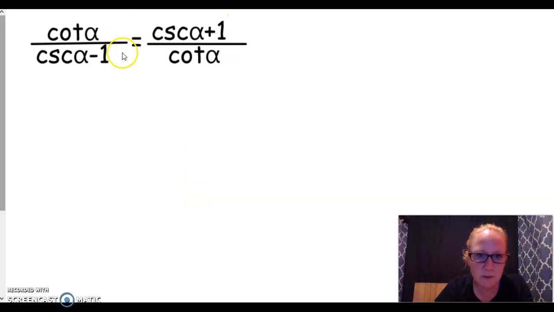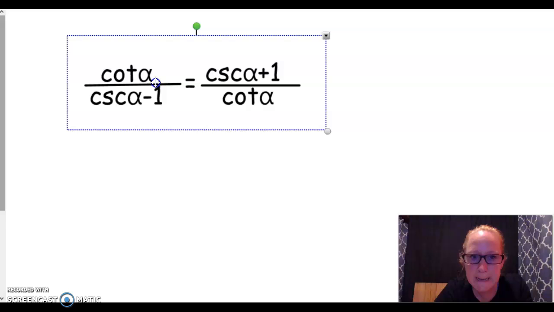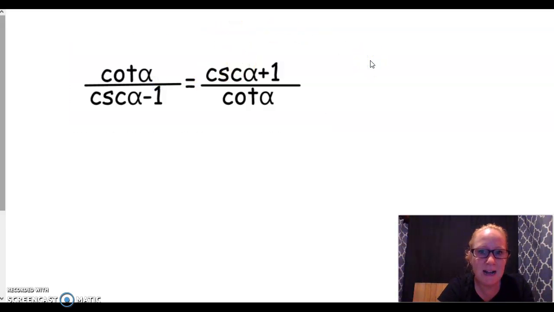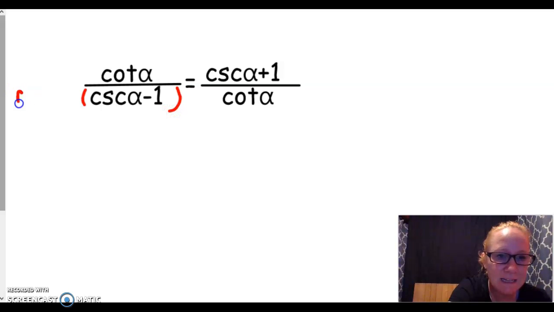So I'm going to move it over so I have a little room. All right, so I'm going to work on the left to get it to the right. You could do either one, but I'm just going to choose to work on the left. So what is the conjugate down here? I think it's going to be cosecant alpha plus 1. Okay, cosecant alpha plus 1.